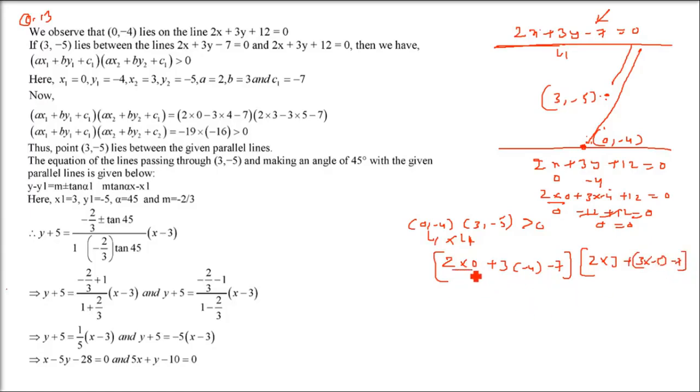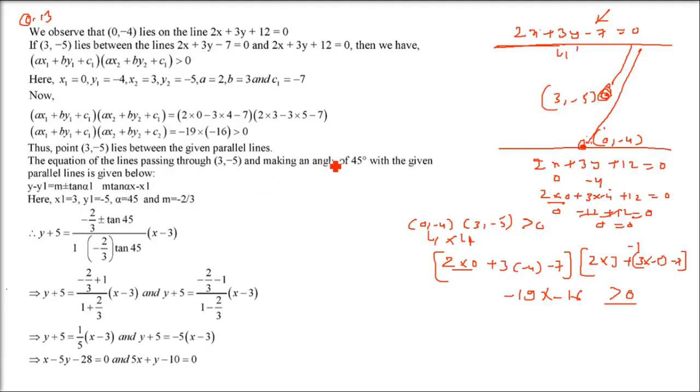This is 0, this is -12, -7. So you get -19. Then you get 6 - 15 - 7, so you get -16 here. Minus times minus is plus, so it is greater than 0. So greater than 0 means these 2 points are actually on one side of 2x + 3y - 7.